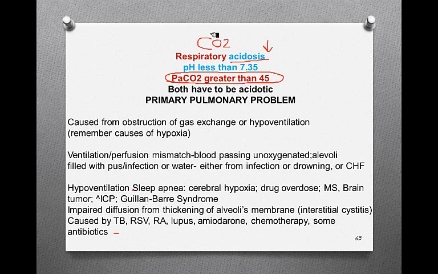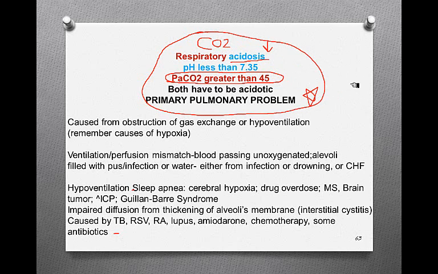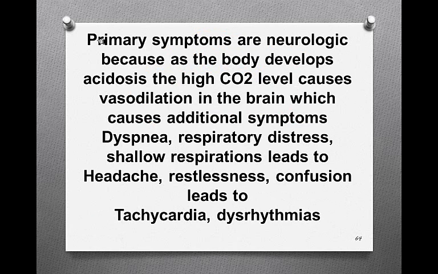Okay, these are all causes of respiratory acidosis. It has to be a pulmonary problem. Both the pH and the CO2 are going to be low. Primary symptoms are neurologic because as the body develops acidosis, the high CO2 levels cause vasodilation in your brain.